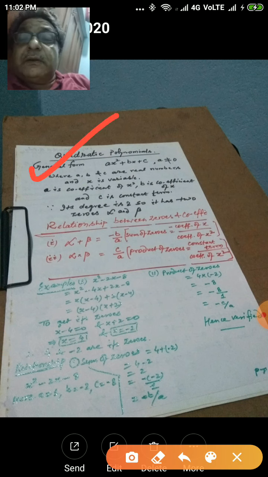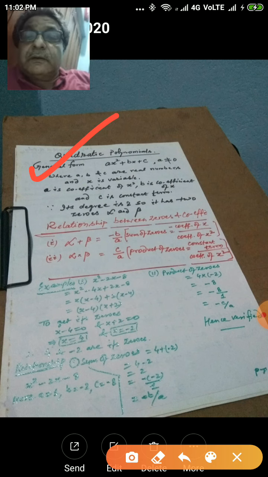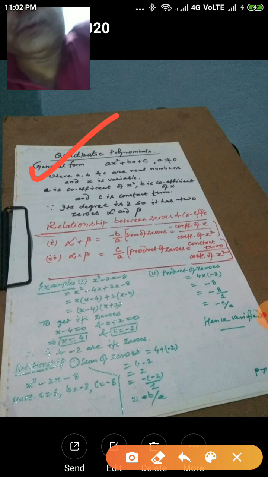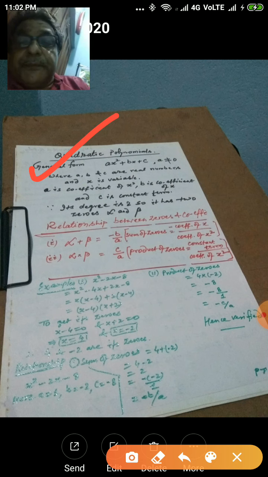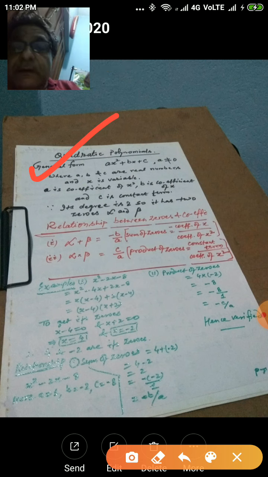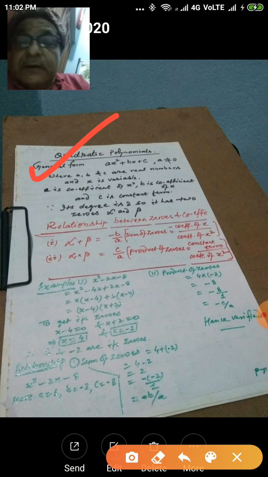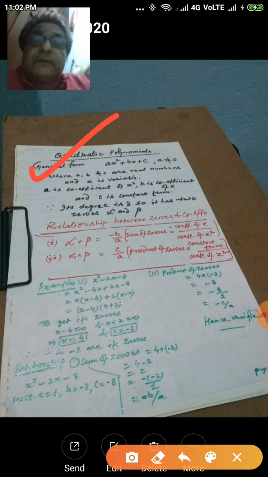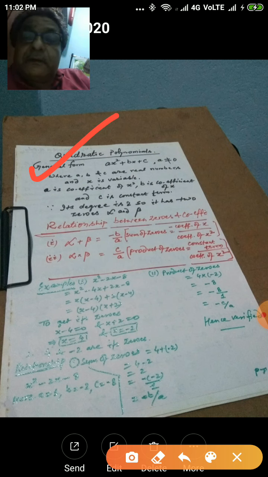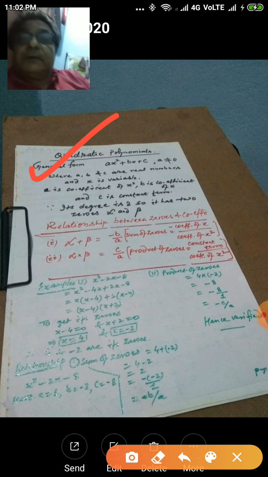Quadratic polynomial is such a polynomial whose degree is 2 and its general form is ax square plus bx plus c, where a is not equal to 0, because if we put a equal to 0, then the first term will become 0 and the remaining terms bx plus c will be a linear polynomial.